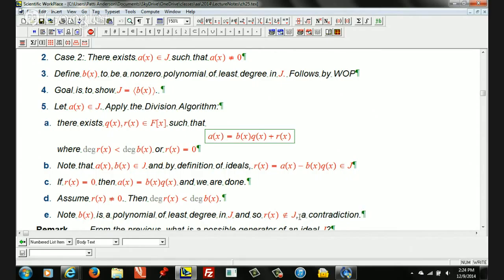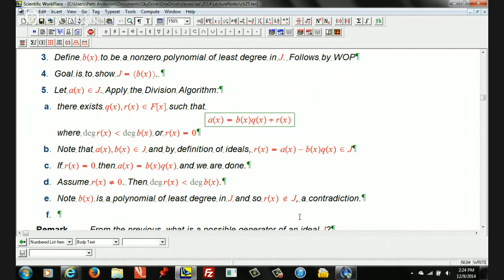So what is the conclusion then? The only problem we had was when R of X was not equal to 0. Which is like Jimmy was saying, we should do that case second instead of first.